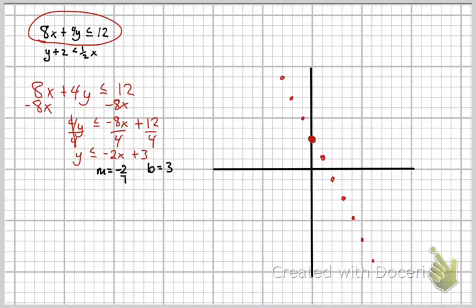The second thing is I need to know if I need to use a dashed line or a solid line. Okay, this is equal to, which means we use our solid line. I'm going to go ahead and put my arrows on the end.